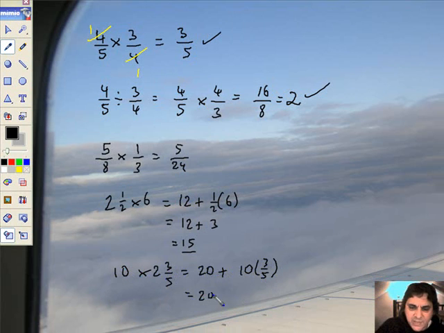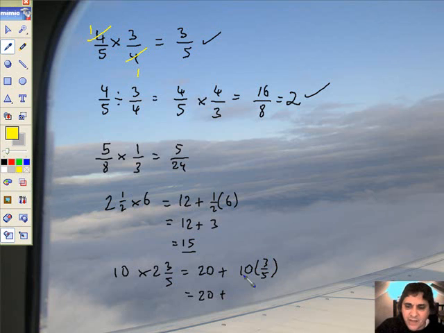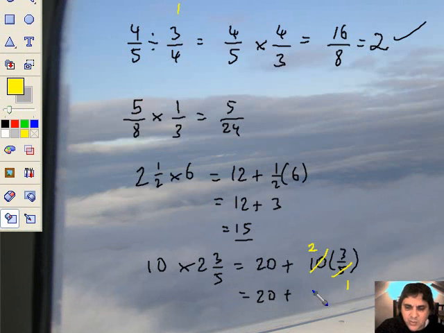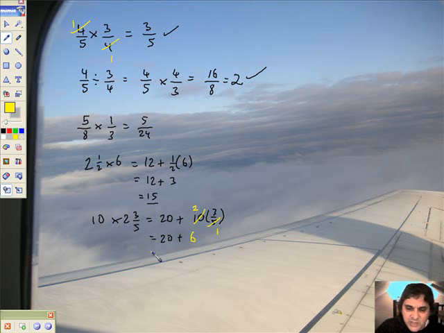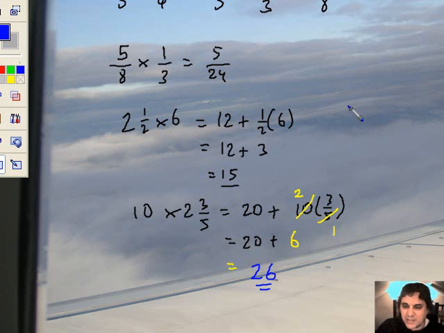Now, 20 is 20, no argument with that. 3/5, I can simplify the 10 and the 5. 5 goes into himself once, and 5 goes into 10 twice. So 2 times 3 is 6. So 20 plus 6, answer 26.